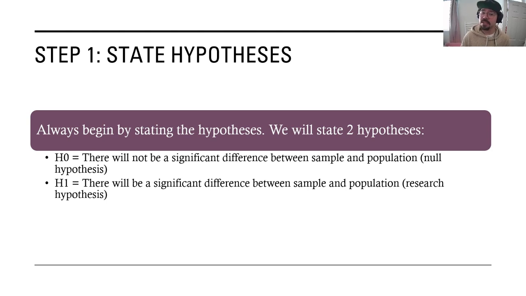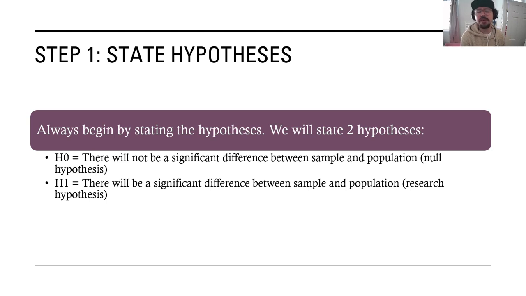And remember that in this class, we're only focused on 2 hypotheses, your null and then this research, scientific, or alternative hypothesis. Now, this hypothesis is on the other side of the null hypothesis, where the null hypothesis is making the claim that there will not be a significant difference between the sample and population. The research hypothesis is saying there will be a significant difference between the sample and population.